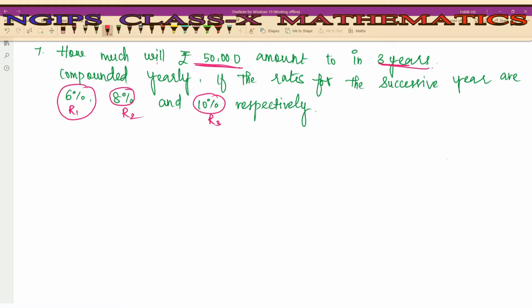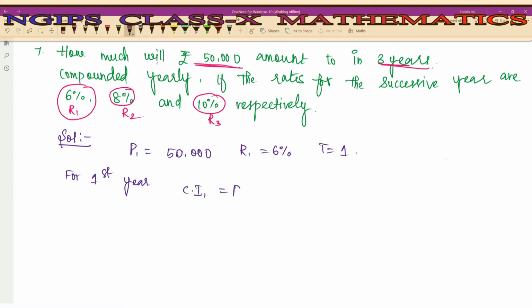Now I am going to solve the problem. I will write the given conditions here. Solution. First year principal is equal to 50,000, and the rate of interest is 6%. We are going to calculate it for 1 year. So for the first year, compound interest is equal to principal for the first year times rate of interest for the first year times time period, divided by 100.